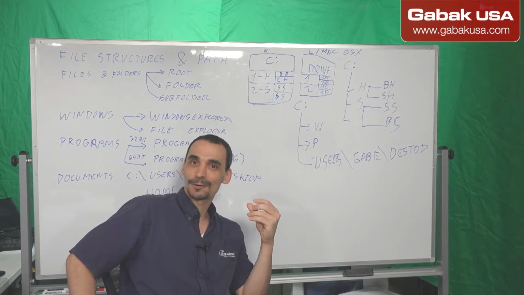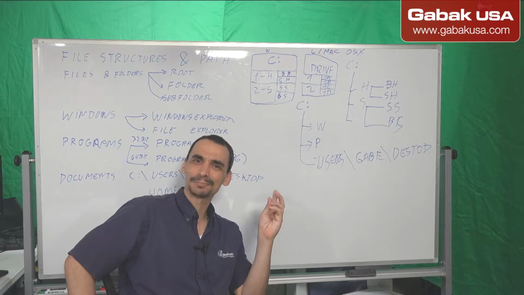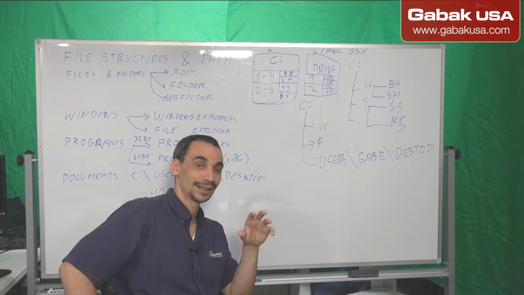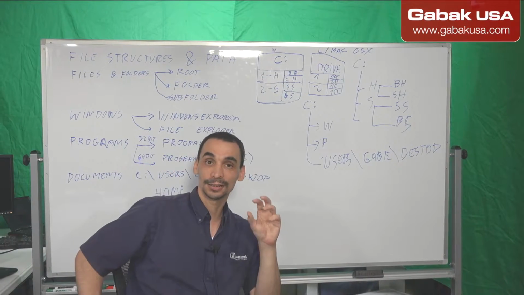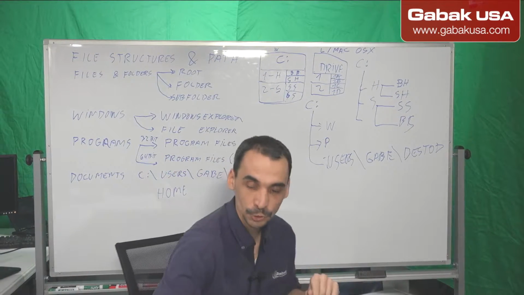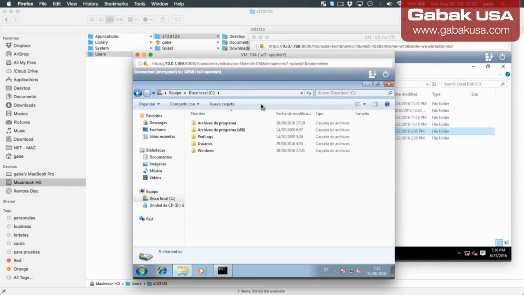You're going to say, well, I'm going to do the same thing, but you're going to find different folders, different names, at least on the graphic interface, on the GUI. So that is something important. Here where you see Archivos de programas, it means Program Files.